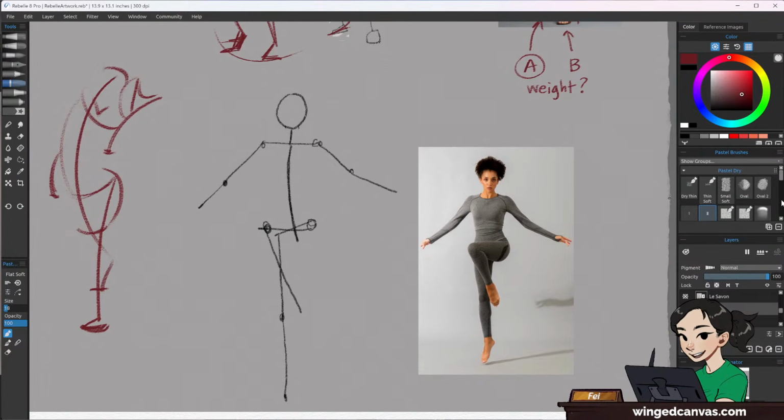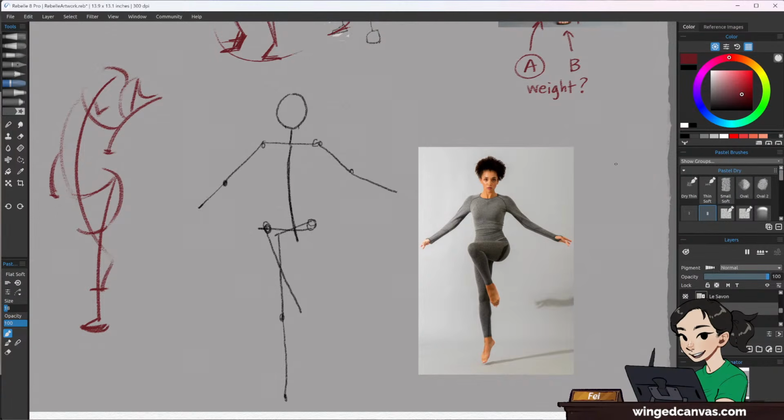Okay. And then, when you're drawing really, really stiff poses like this, and you want to put a little bit of gesture, this one is kind of an anomaly because they're not actually standing. They're kind of jumping, and they're jumping straight up and down.